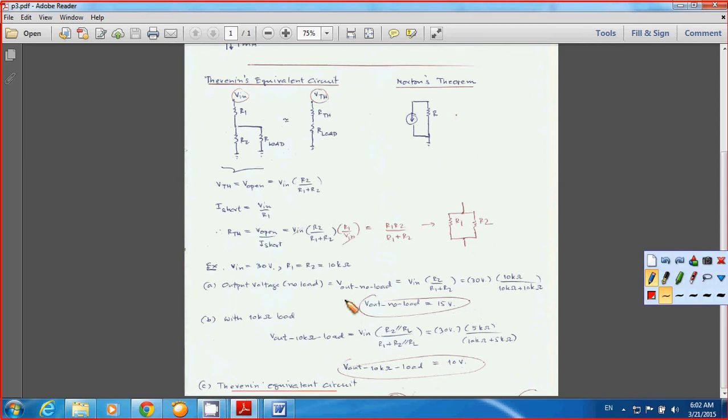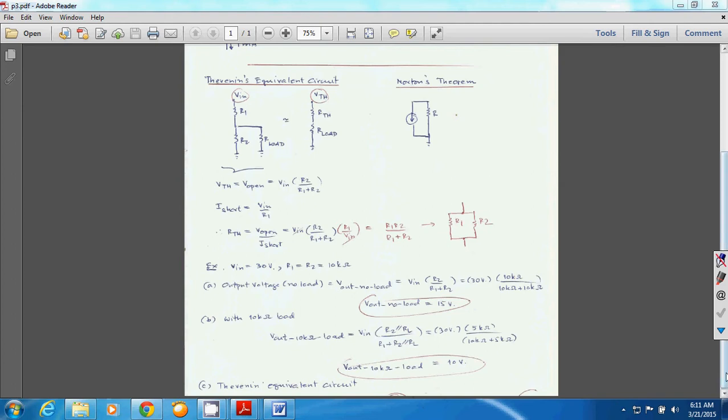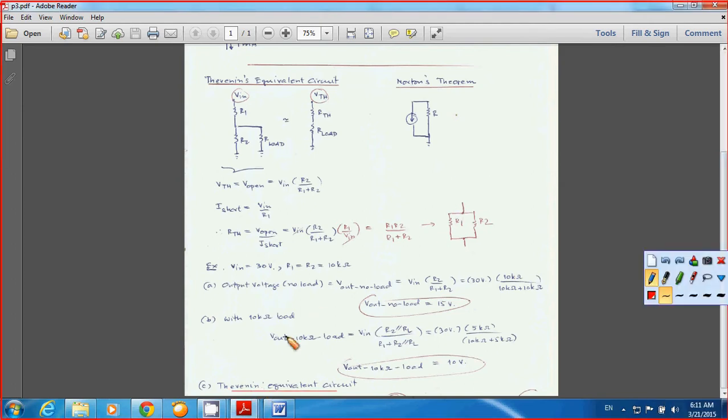Now, the Thevenin equivalent circuit. I have something wrong with my scanner here, so it's difficult to see. Okay, so for our Thevenin equivalent circuit, you take a look at the above here. You simply want to get our VTH and RTH as we did before.